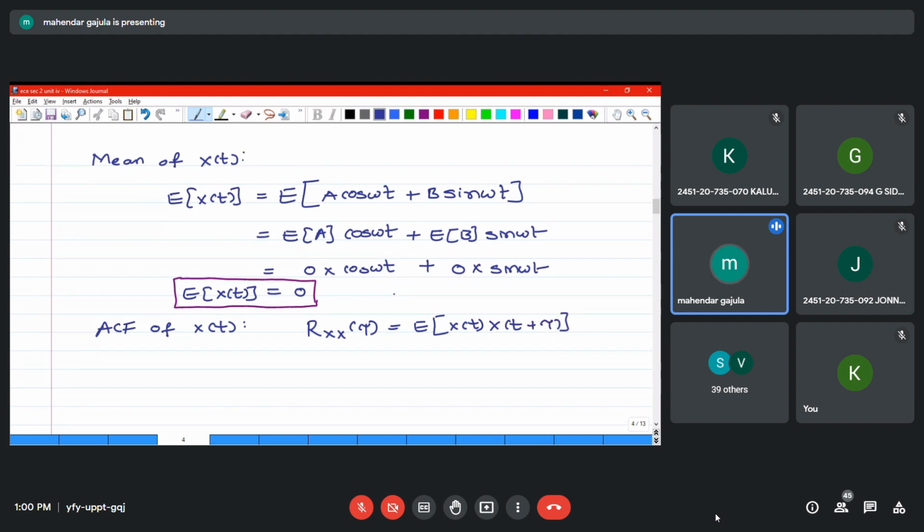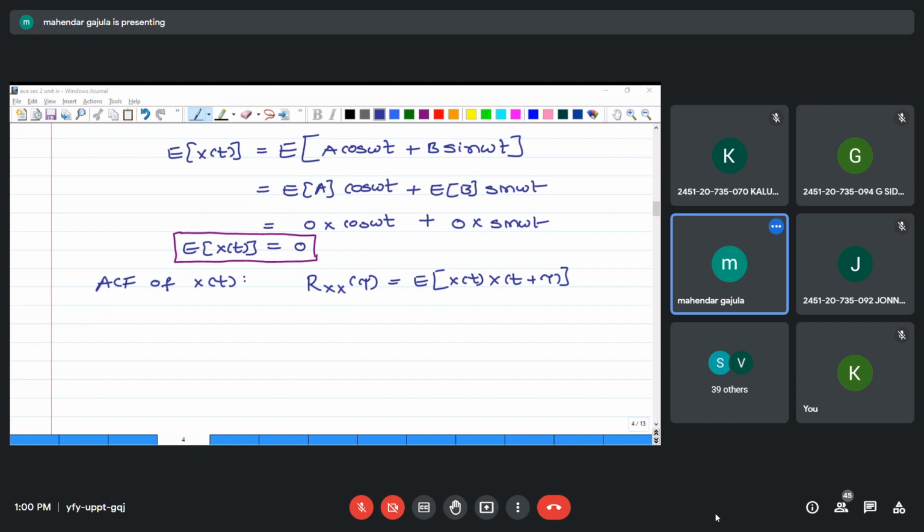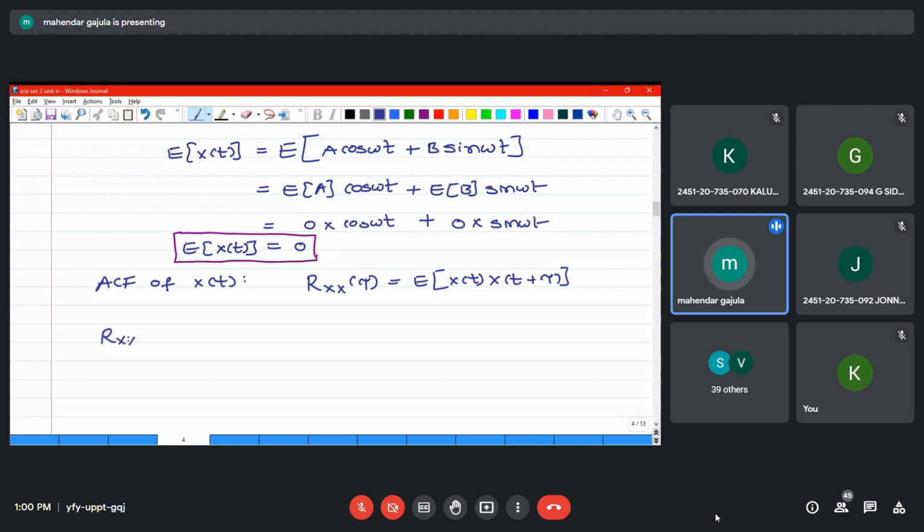So Rxx of tau is equal to expectation of xt, which is a cos omega t plus b sin omega t.